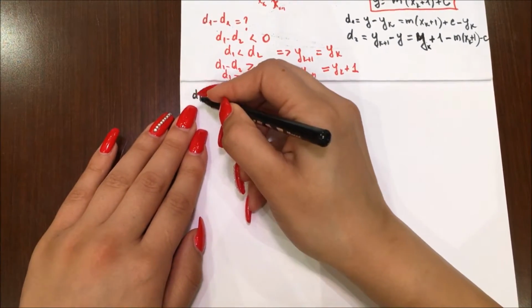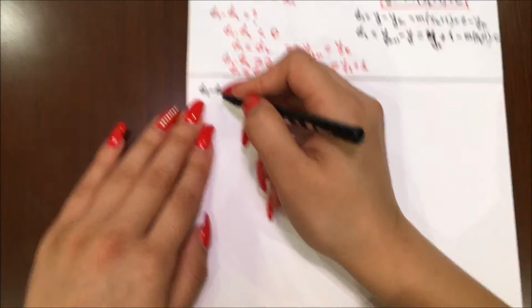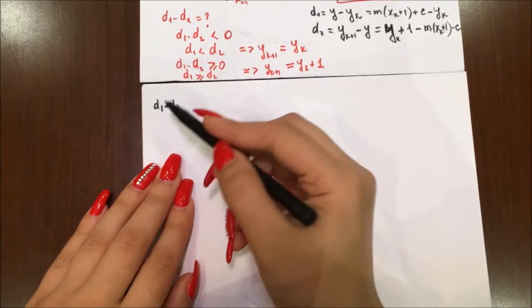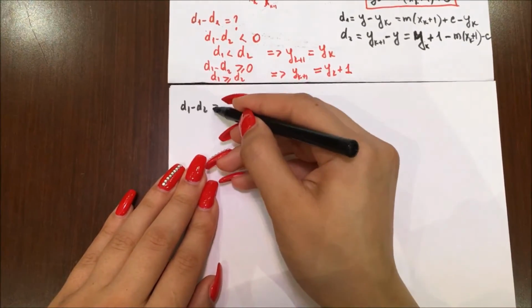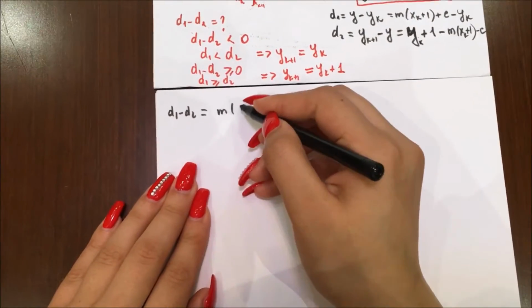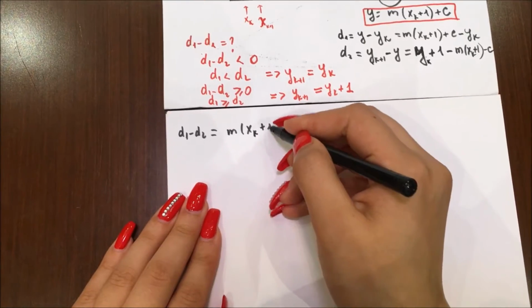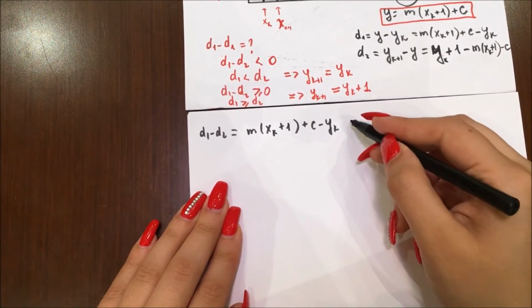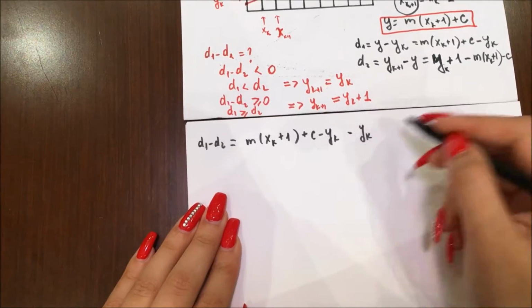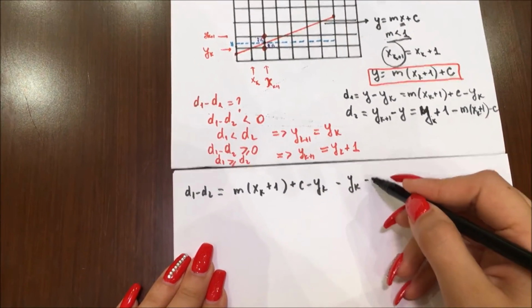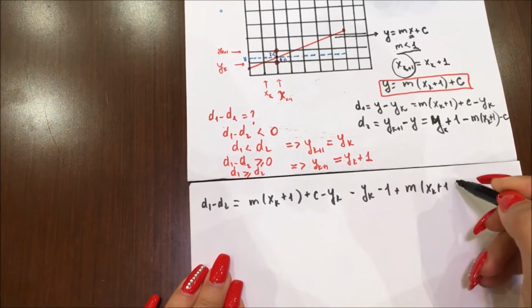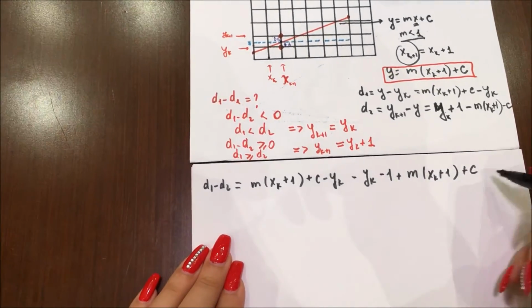Let's calculate d1 minus d2. We will replace the values of d1 and d2 based on the previous equations. As a result, d1 minus d2 will be m(xk plus 1) plus c minus yk minus yk plus 1 plus m(xk plus 1) plus c.